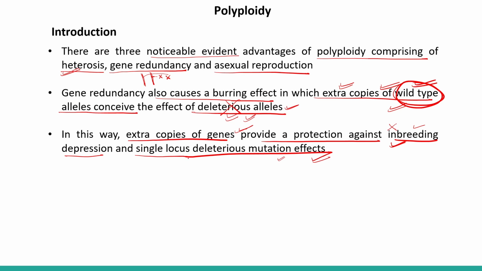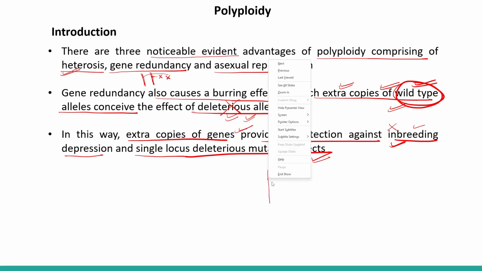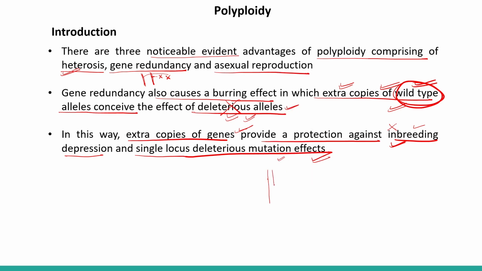So why do some genes show the deleterious effect? Because of mutation. Suppose this is a gene and we have a number of copies: this is A, this is A dash, this is A dash dash, and this is A dash dash dash.